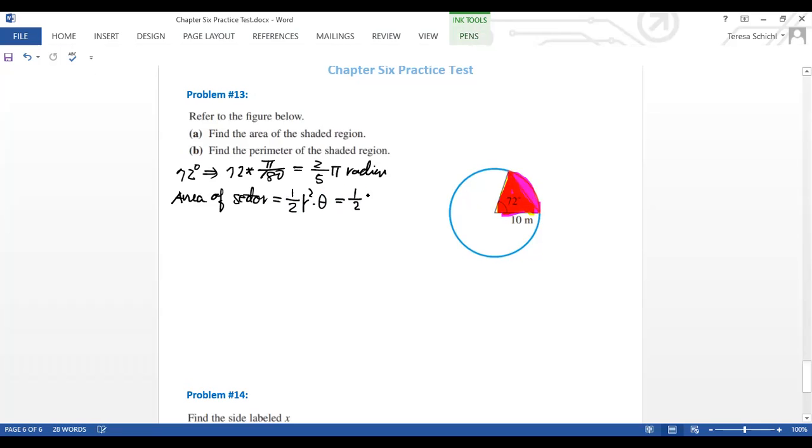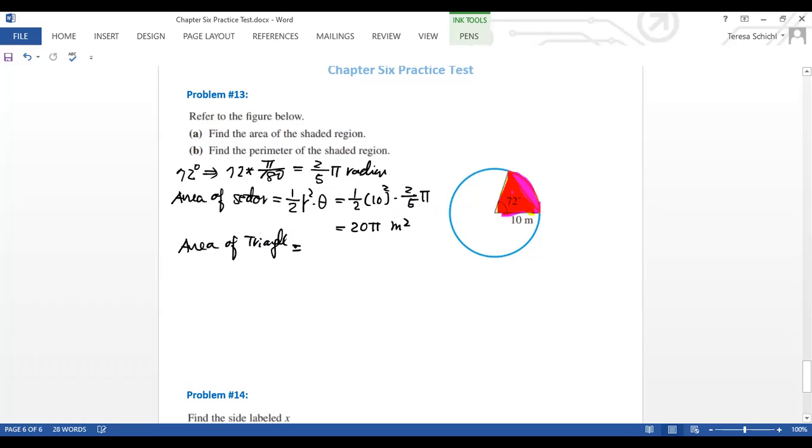The R is 10, so it's 10 squared times 2 over 5 pi radians here, right? So in here we will have 20 pi. So that's 20 pi meters squared. That's the area.